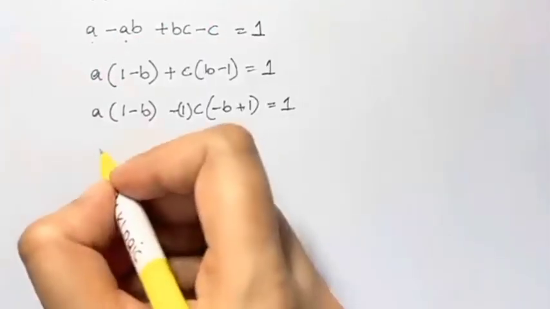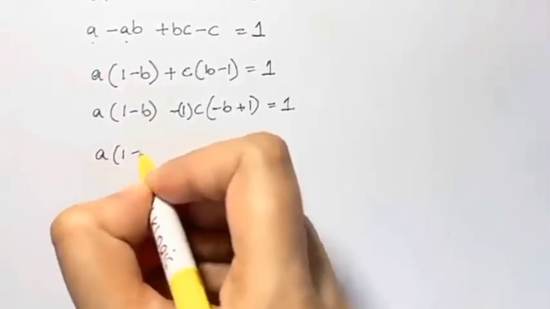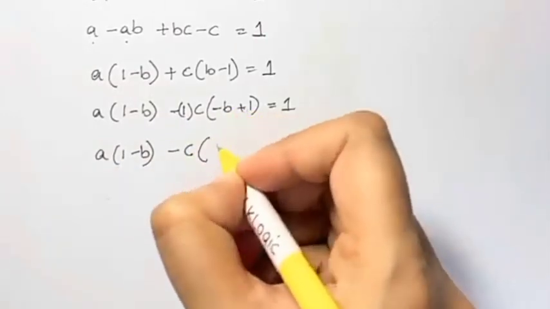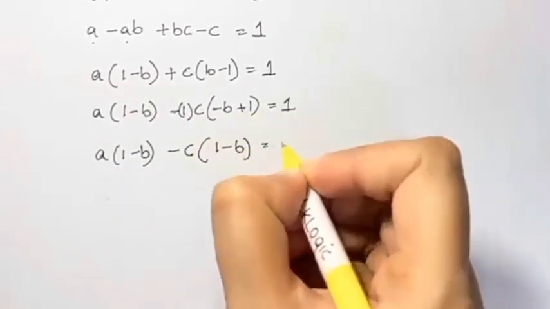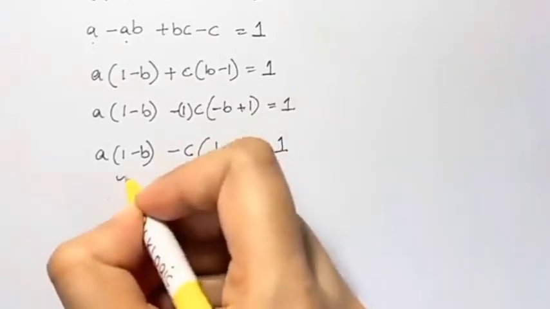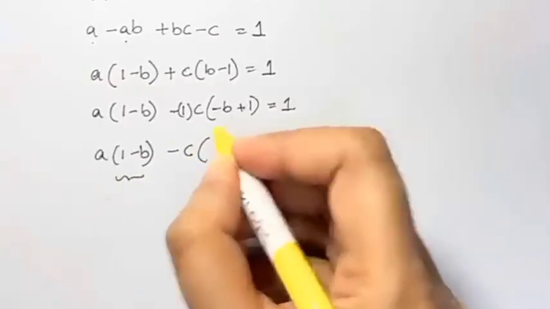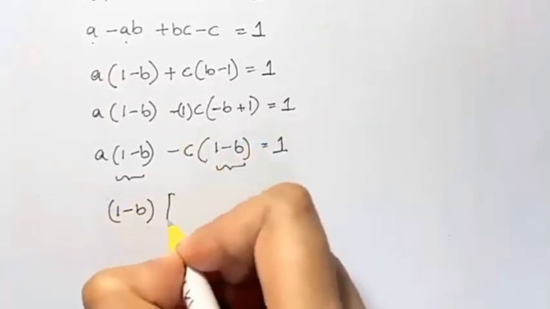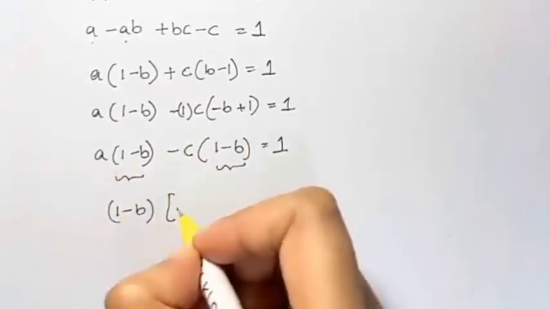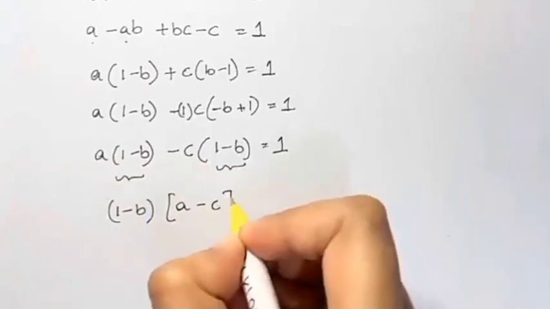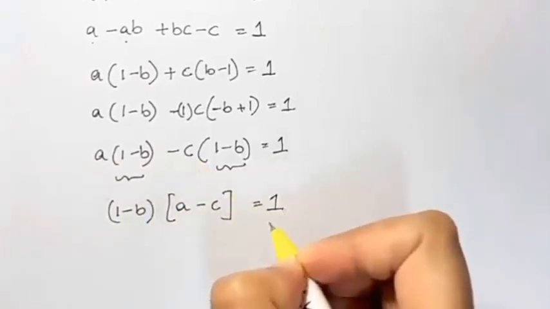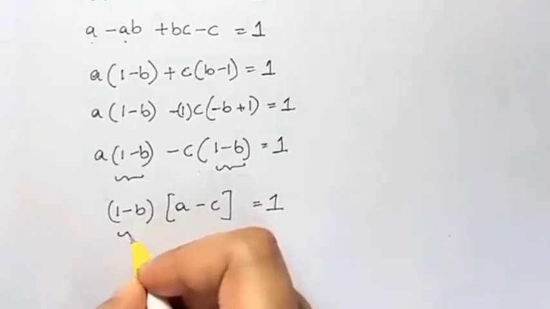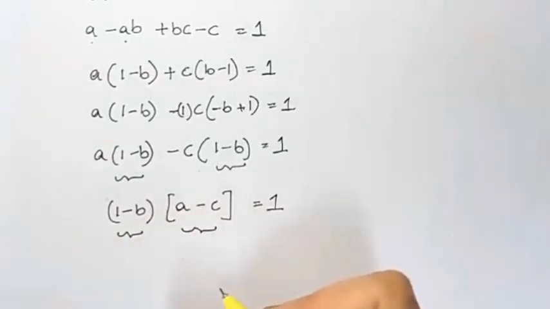Now I can write it as A into 1 minus B minus C into 1 minus B is equal to 1. Now they are same. These terms are same, so I can take it out as common. So I have 1 minus B taken out. Now what is left? A and here minus C, which is equal to 1. So I have two factors, 1 minus B and A minus C.